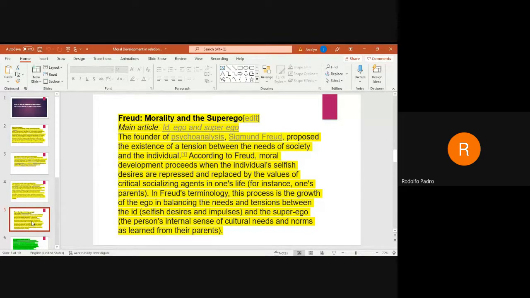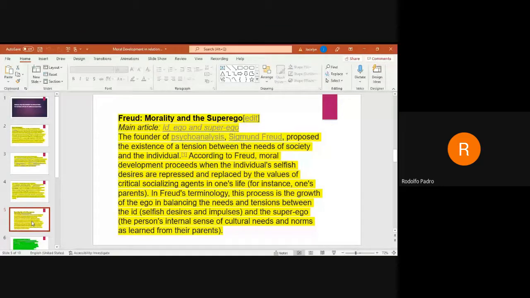Now, what about the ego? Of course, the ego being in the middle, it will actually make decisions out of these two other regions, the id and the superego.